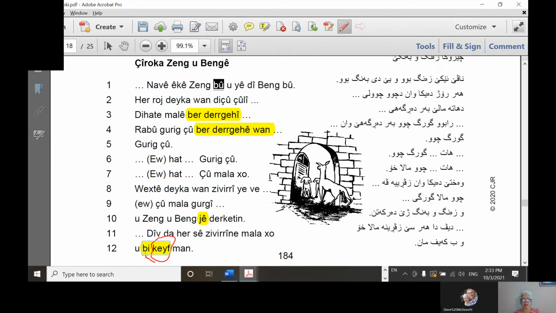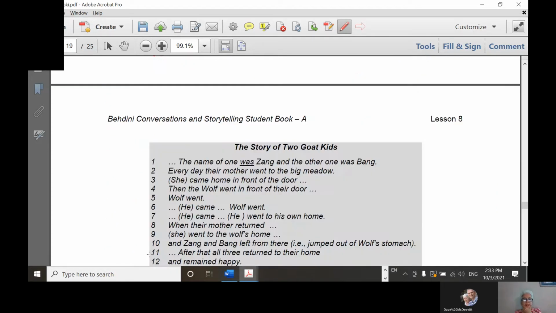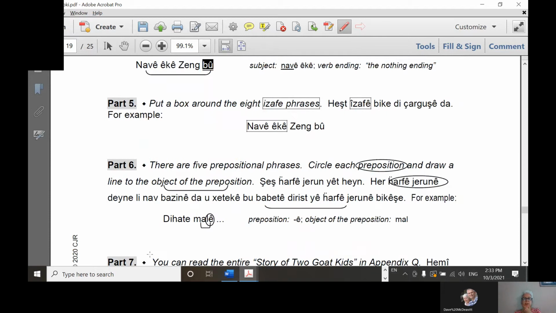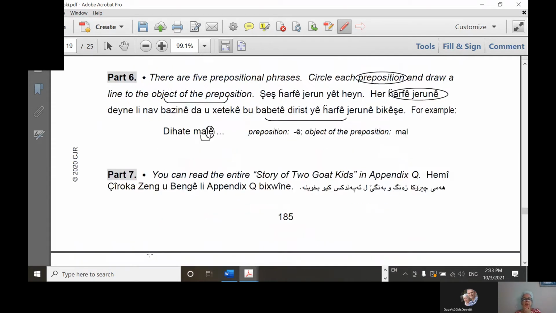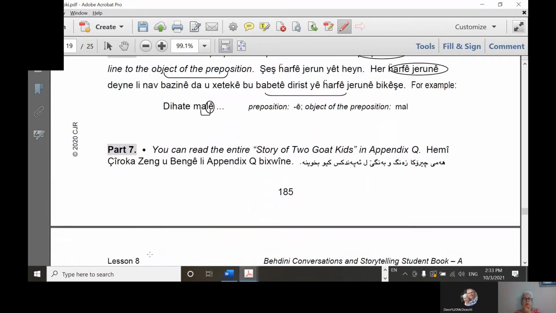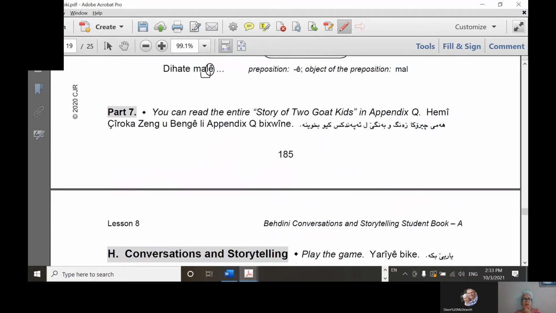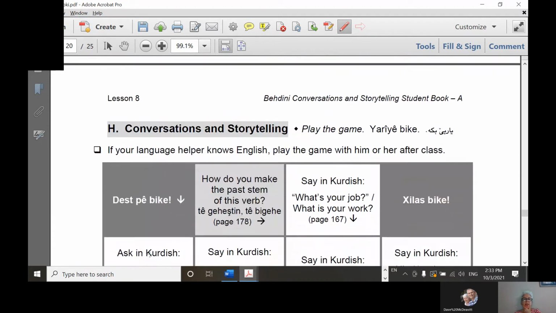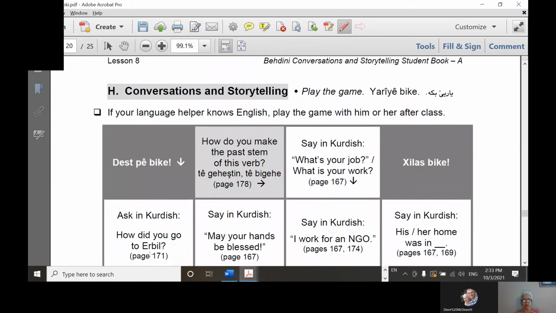And it's an adjective, so it's not a noun, so it doesn't get an oblique case ending on it. Like with happy, sort of like what it's saying there. That, and then part 7, you can read the entire story in Appendix Q. All right, then let's go on to H.